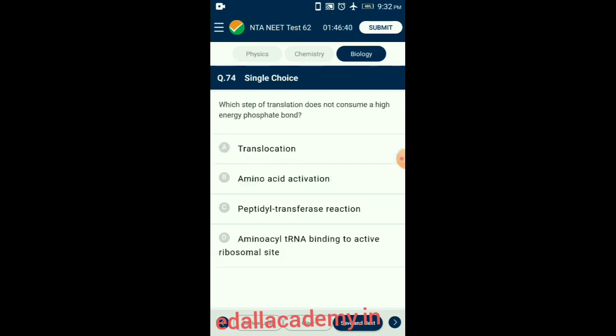Question number 74. Which step of translation does not consume a high energy phosphate bond? The order and sequence of amino acids are defined by the sequence of bases in mRNA. The amino acids are joined by a bond known as a peptide bond. Formation of a peptide bond requires energy.